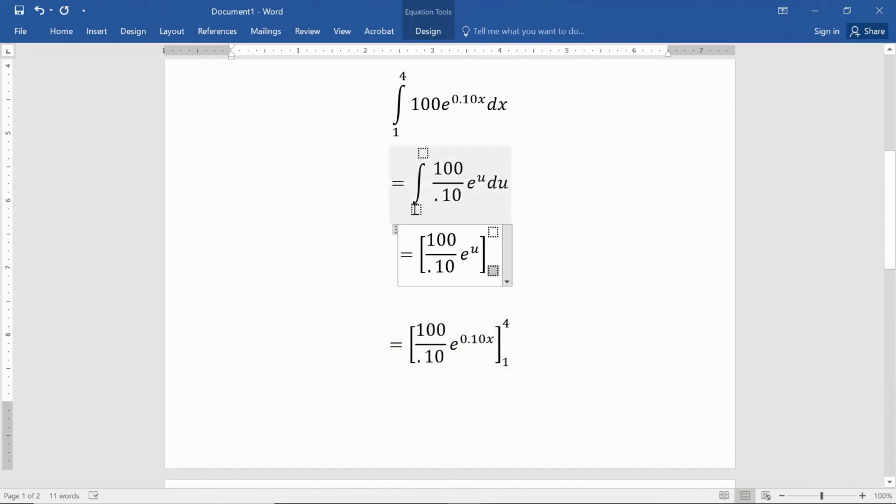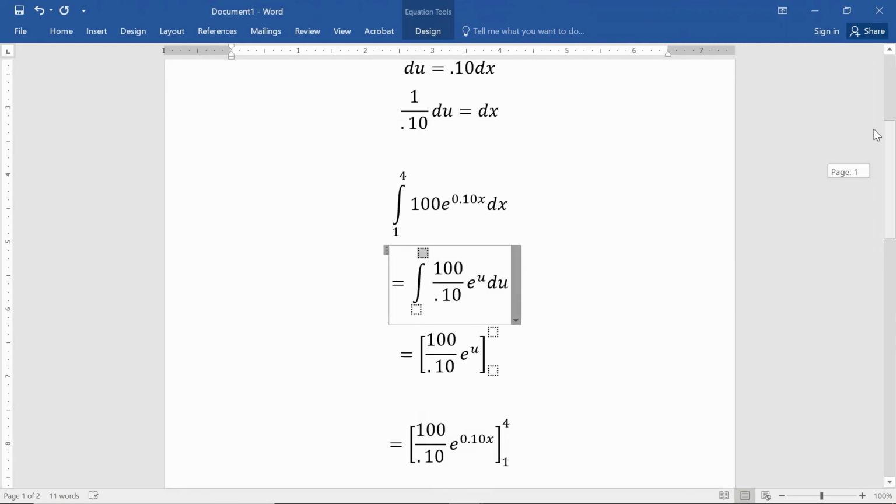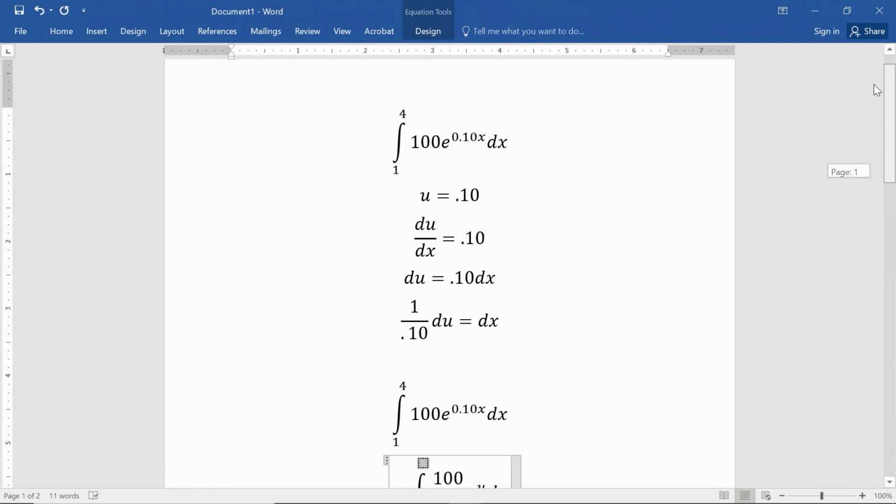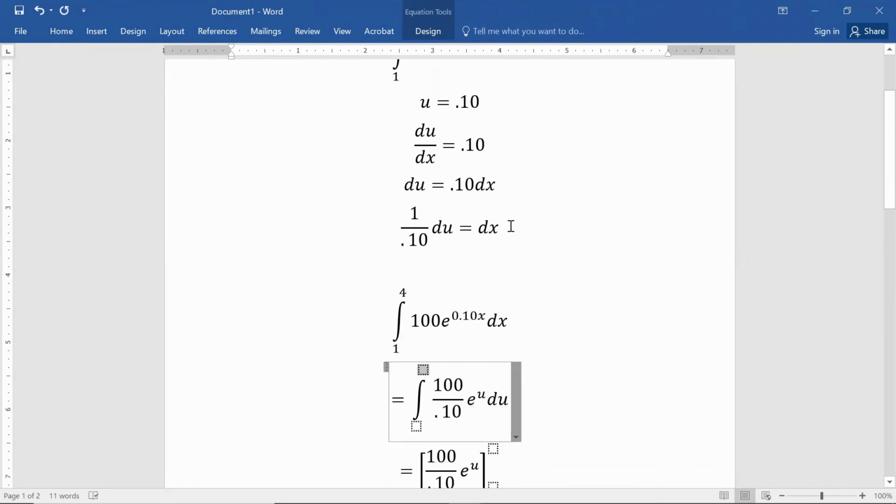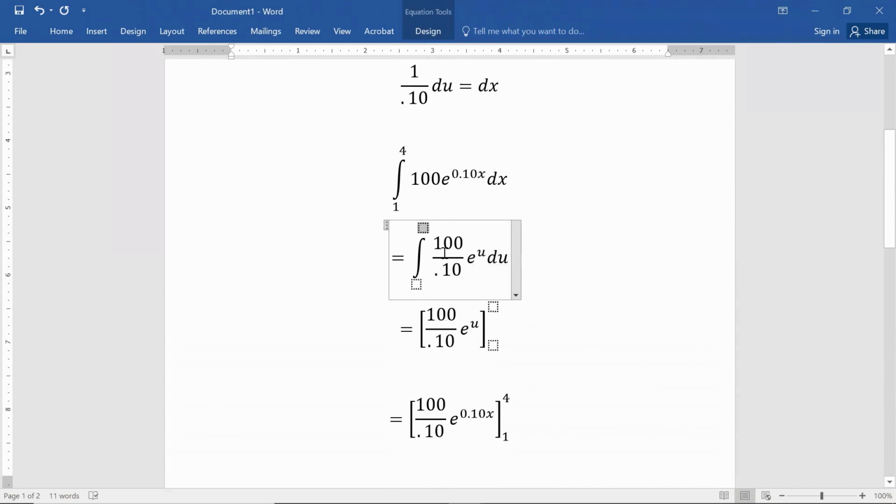You could figure out what these are with respect to u, but it's really not worth it. Kind of the old saying goes, the juice is not worth the squeeze. Well, in this case, finding the bounds with respect to u is not worth the squeeze.